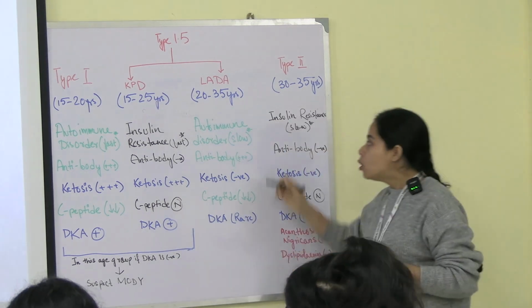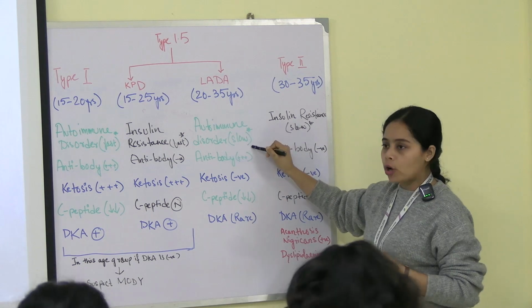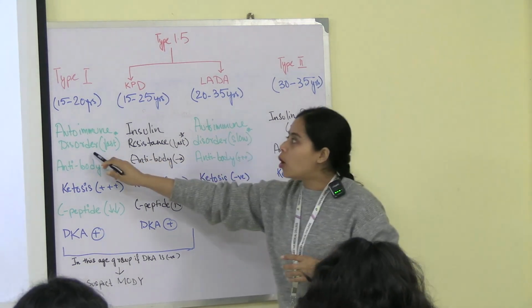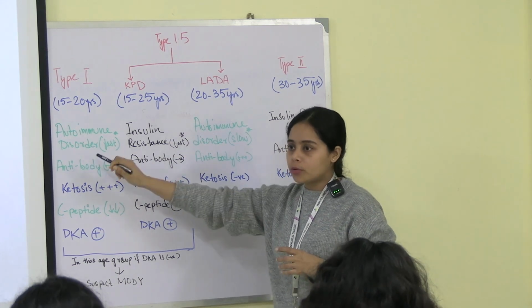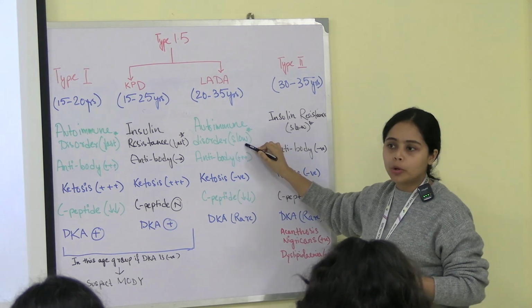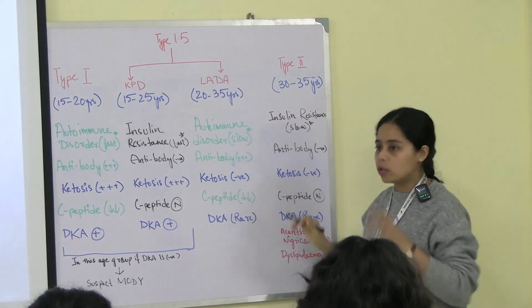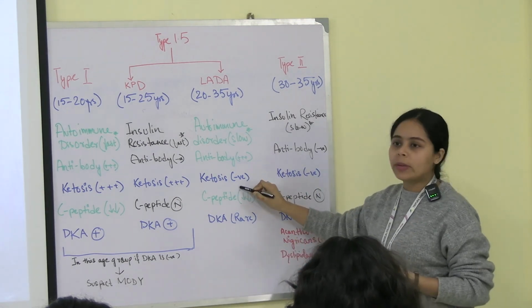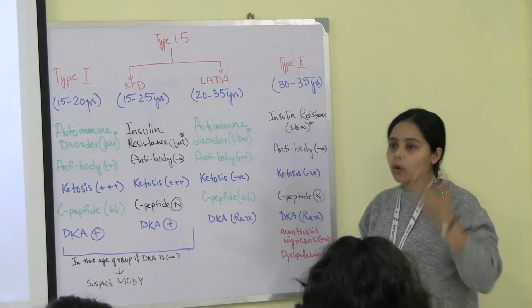So it is an autoimmune disorder which is a slow process. Type 1 was also an autoimmune disorder, okay, don't get confused. LADA is also an autoimmune disorder, but the process is slow. Antibodies will be positive. Ketosis will be negative because it is a slow process.